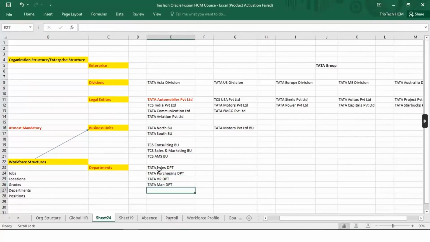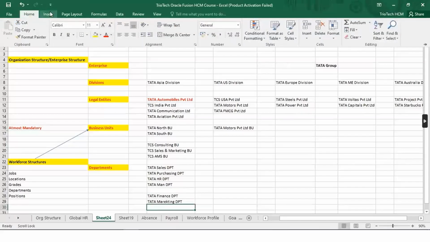You can list out whatever that client is having. Then let's say under Tata South BU, my client is having Tata Finance Department, okay, then Tata Marketing Department, etc.